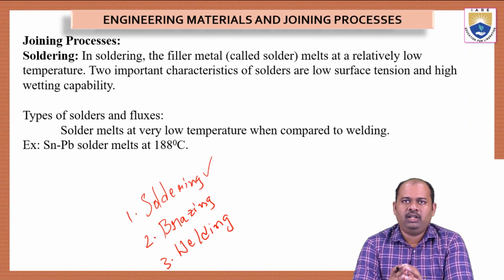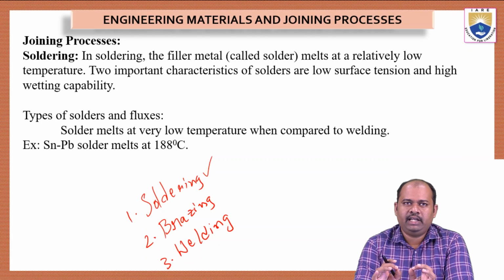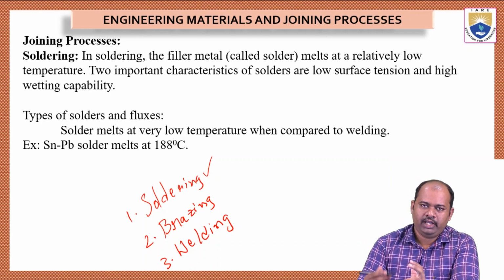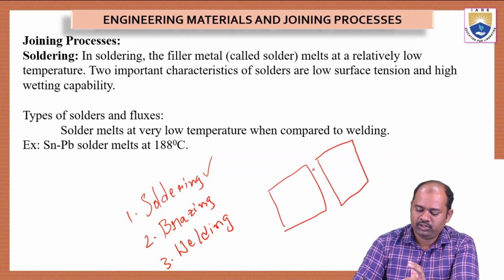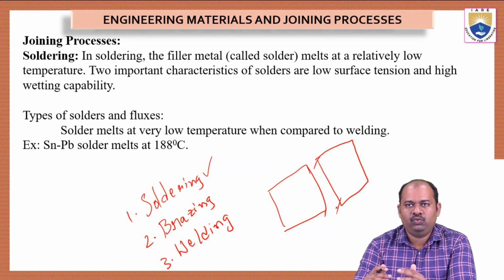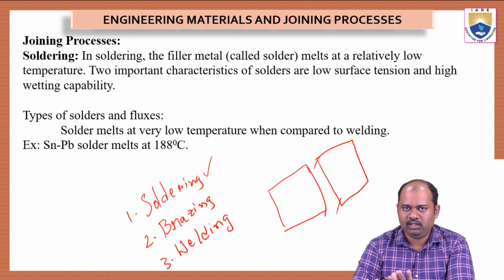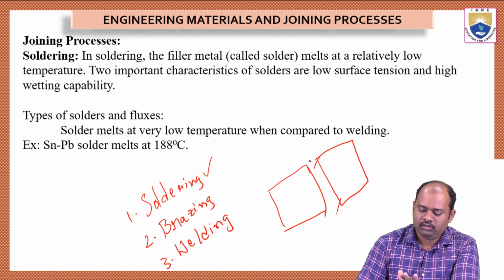In soldering, the filler metal melts at a relatively low temperature. We should know what a filler metal is. A filler metal is a metal which is used to join the two base metals. I will take an example from welding so that it is easy to understand. If I have two plates that I want to join at this area, I will place these two plates together and weld.